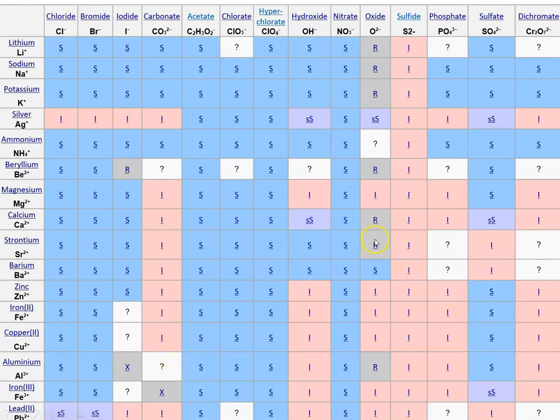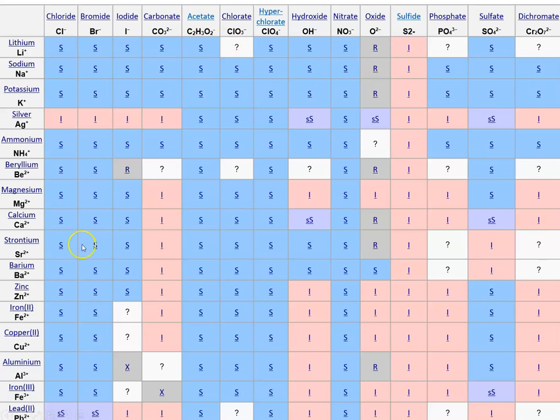R means it reacts with water, so you wouldn't put those things in water. Question marks would be unavailable, or you can't react this with water for some other reason. Some of these are water reactive, so we don't have data for that, or it's going to interact with the water and cause a secondary reaction.